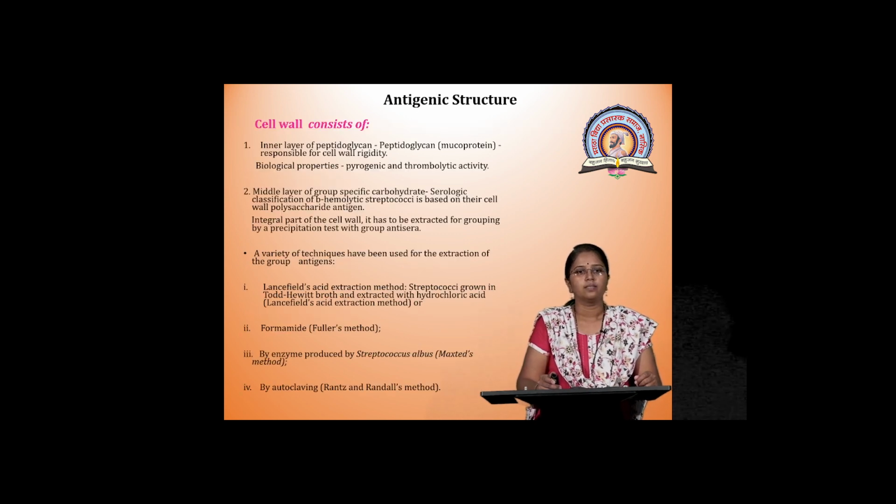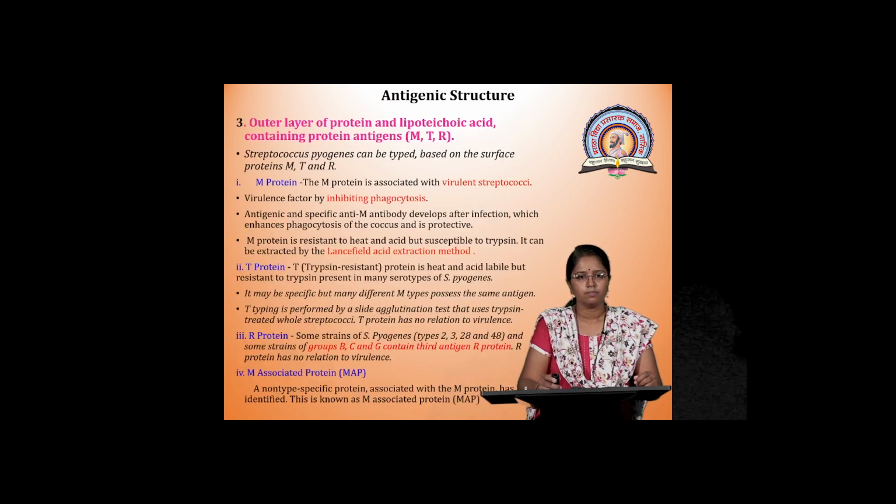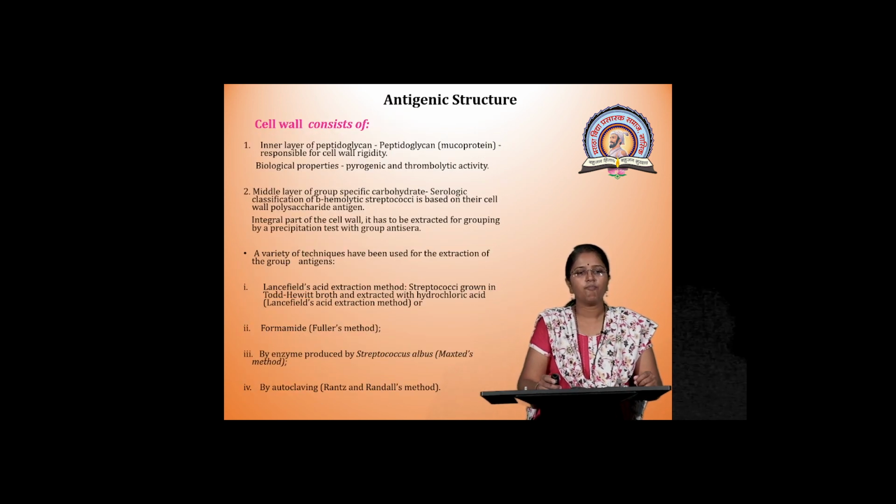If you see the antigenic structure of this bacteria, here in this image we can see it. The inner layer is peptidoglycan, which is responsible for cell wall rigidity, present in the innermost layer.